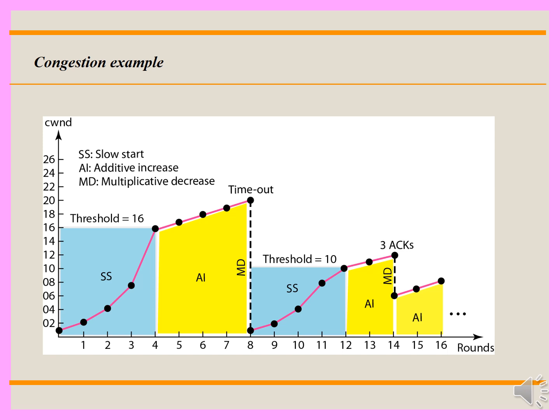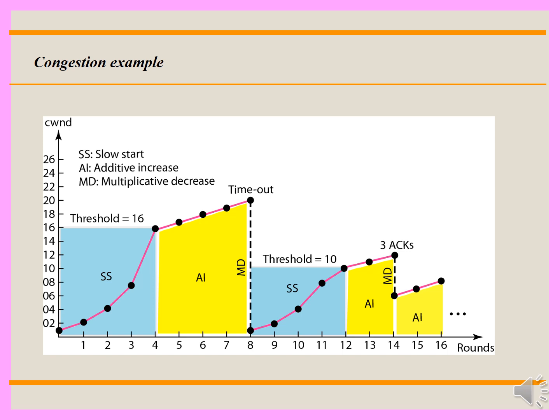The timeout occurs when the window size is approximately 20. You can see the yellow portion, the linear ramp portion with black dots and the pink line, and the timeout is at approximately 20 on the y-axis if you check.